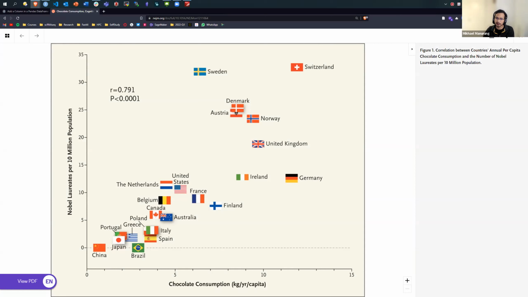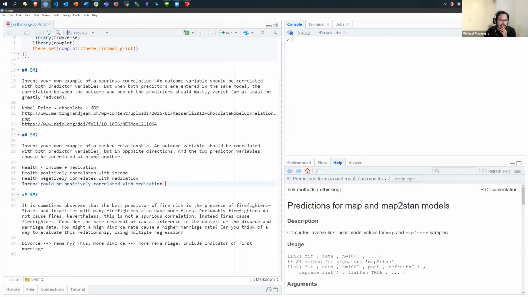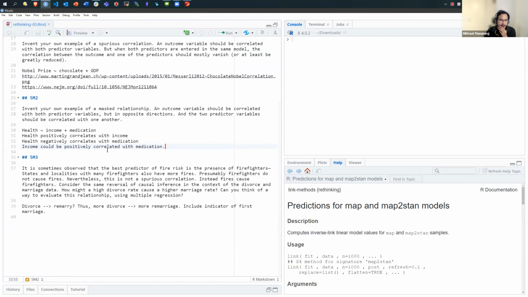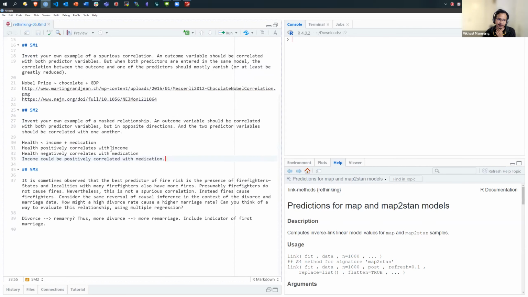Once we include both GDP and chocolate, I would say that GDP would explain most of the variation. I guess I can proceed to the next one. If you have more interesting or intuitive examples, then please go ahead.